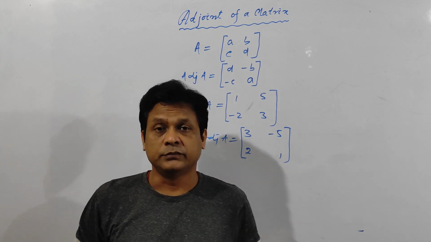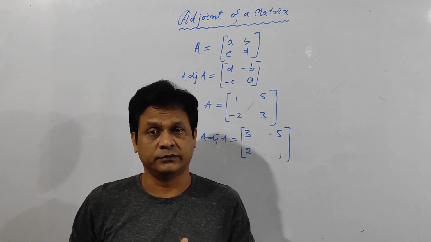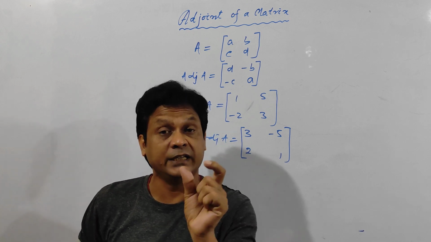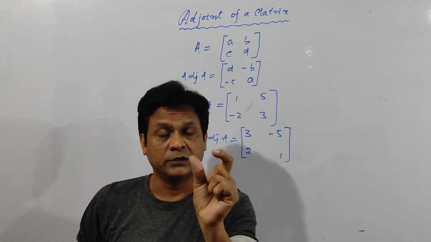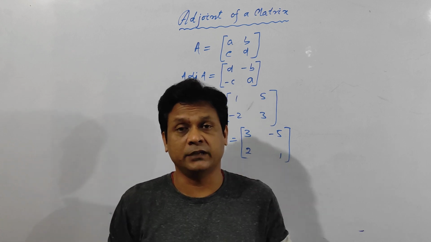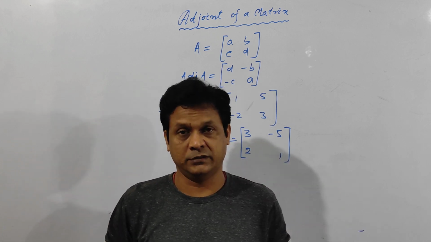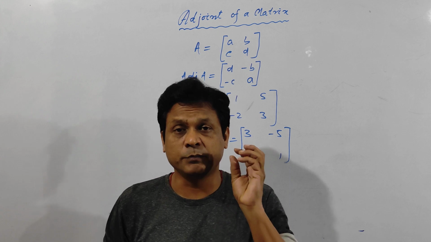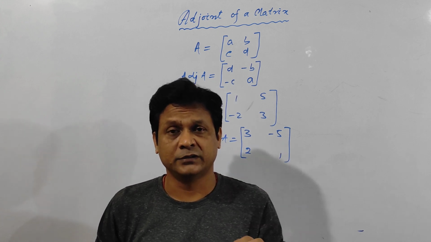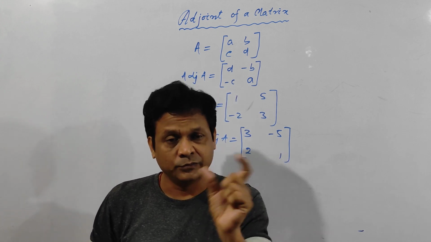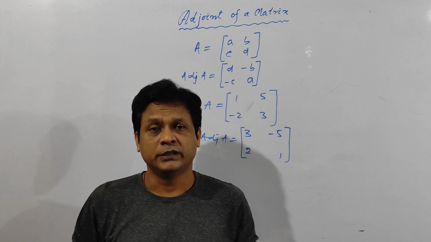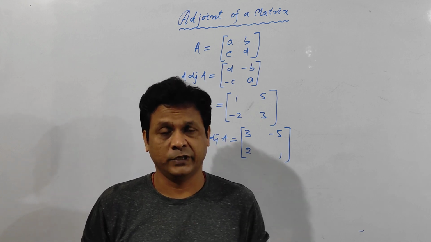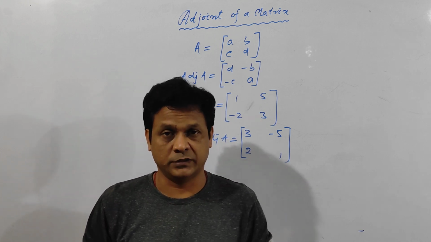And there is a probability of getting an error in signs. That means positive negative sign may interchange. Maximum possibility is there of error in plus minus sign, in your manual process.